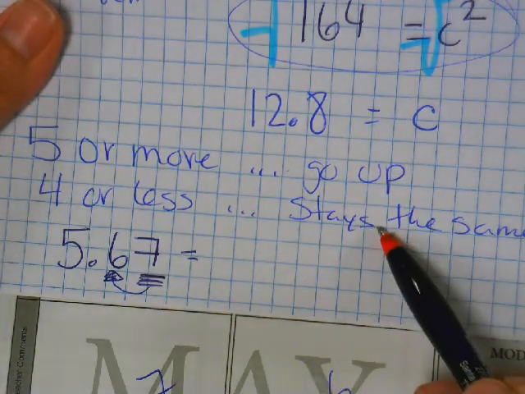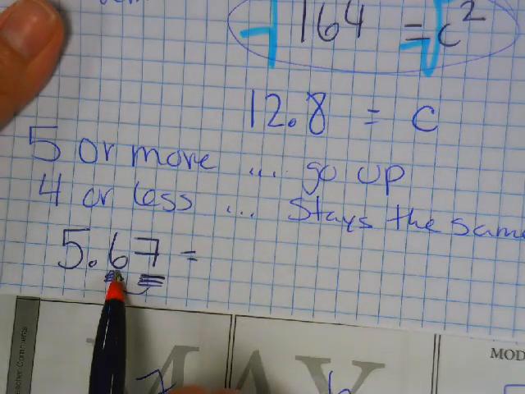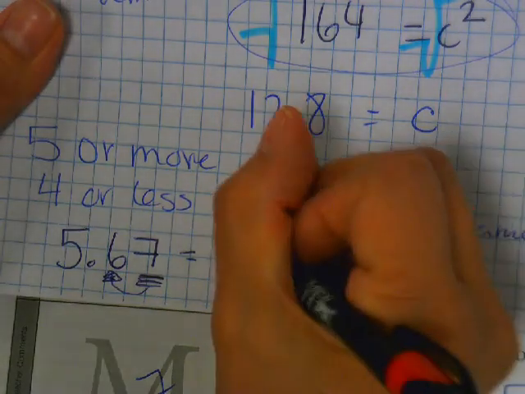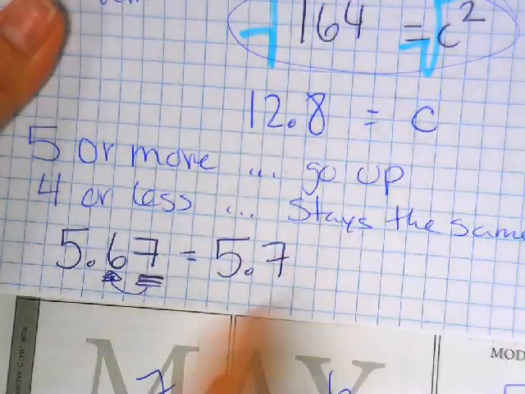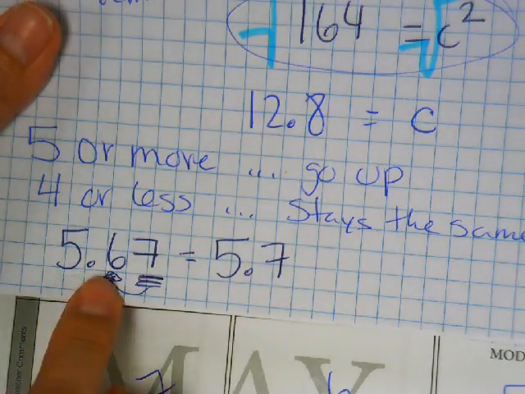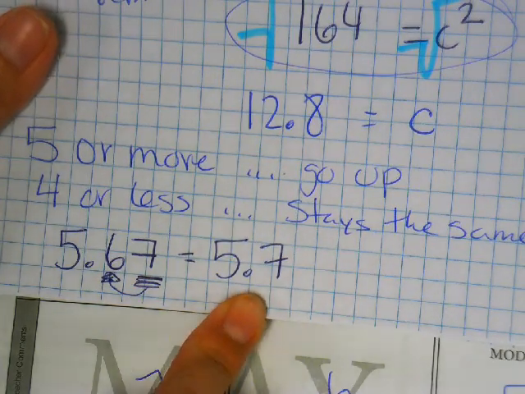Go up. Very good, Oscar. So the 6 turns into a 7. What's the answer? Miss J and I are going to be checking. 5.7. Yes. So we're going to give you a stamp for 5.7. If you leave it as 5.67, nope. If you change it to 5.6, you won't get a stamp.